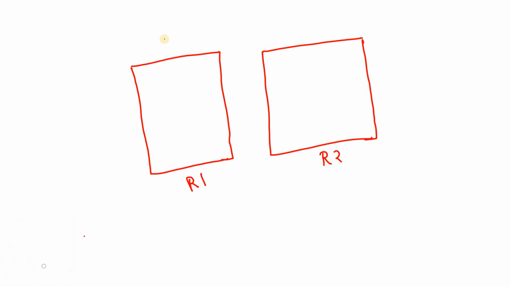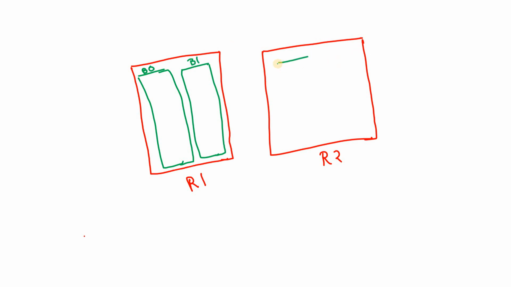Within rack 1, we have two brokers running. Suppose this broker is B0 and this broker is B1, and another broker is running in the other rack. Suppose that is B2.